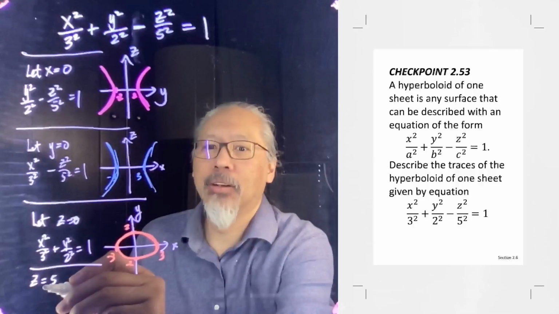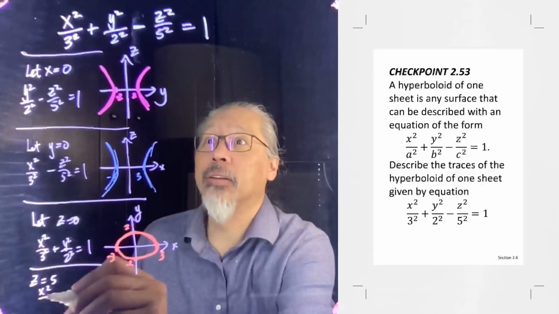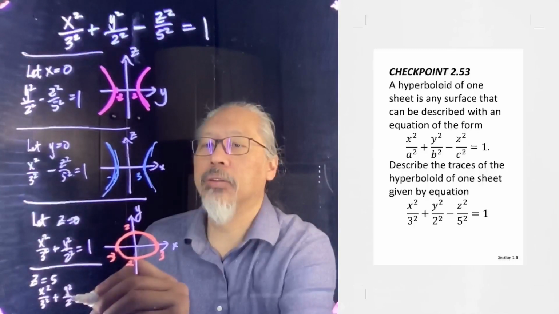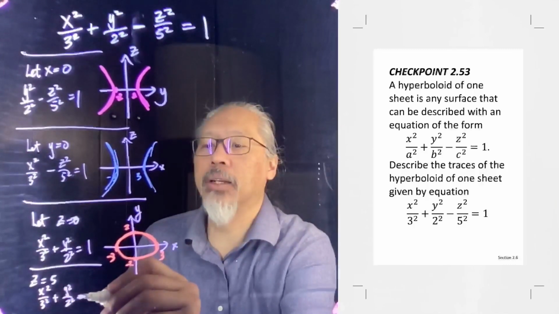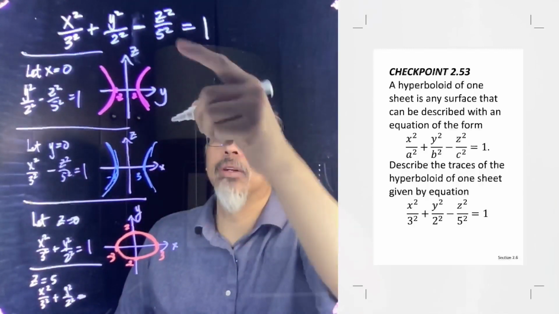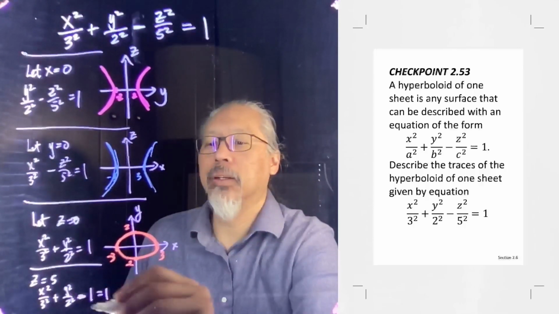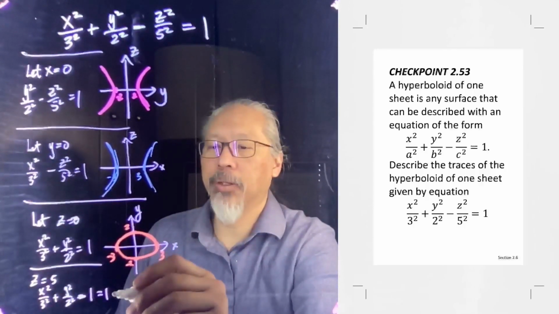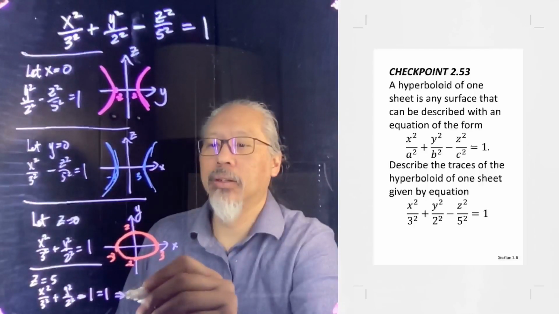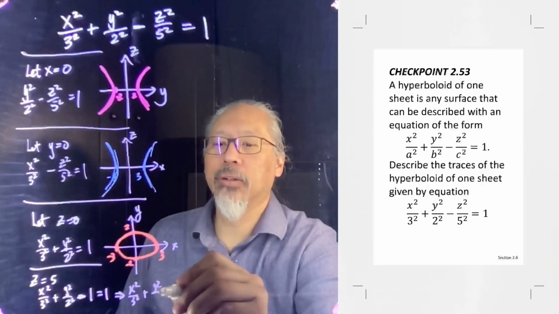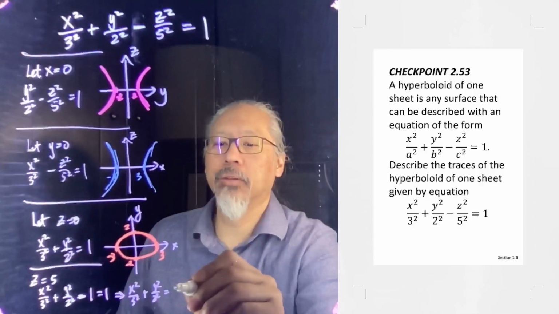We have x squared over 3 squared plus y squared over 2 squared minus 5 squared over 5 squared, that's minus 1, is equal to 1. And I would add 1 to both sides, and that would be x squared over 3 squared plus y squared over 2 squared is equal to 2.